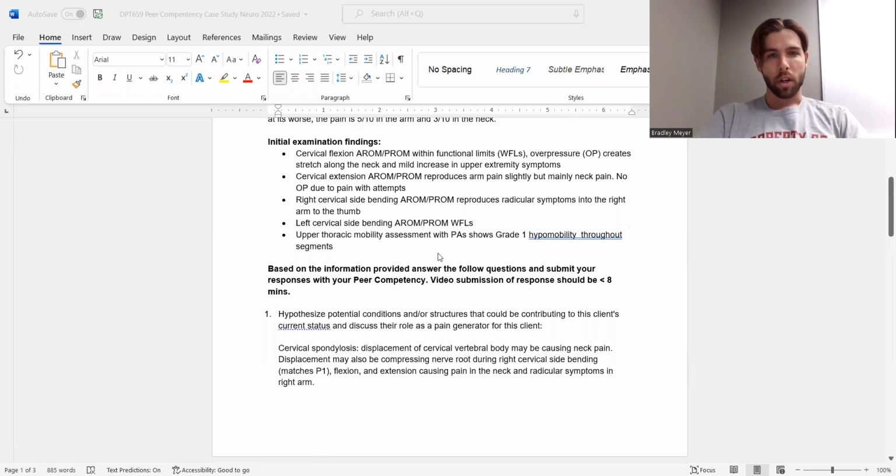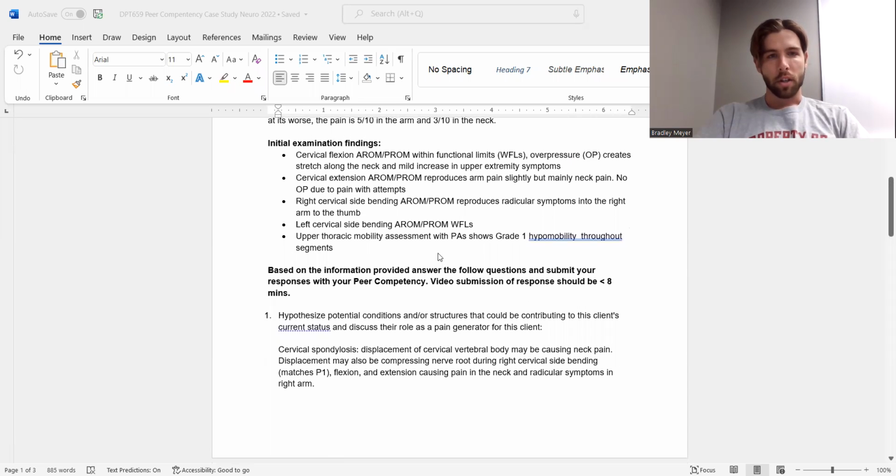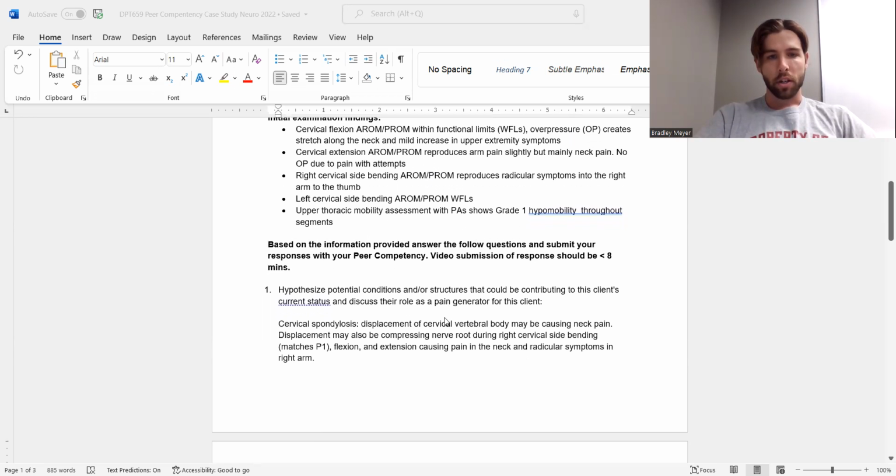Some things I used to come up with that hypothesis, under the initial examination findings, P1 is reproduced with right cervical side bending, and then also some of the symptoms are reproduced with cervical flexion and extension.